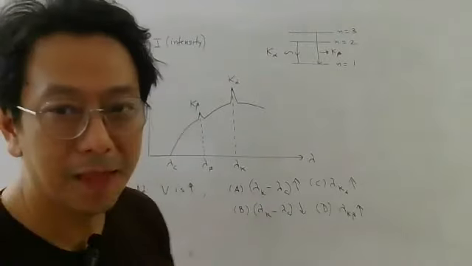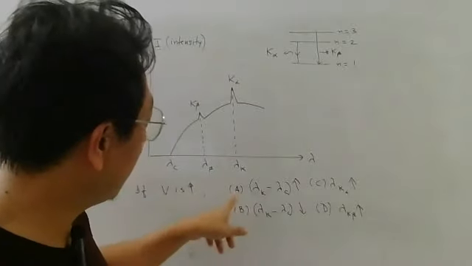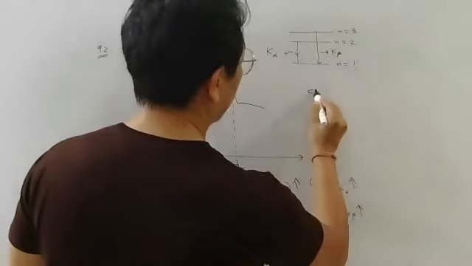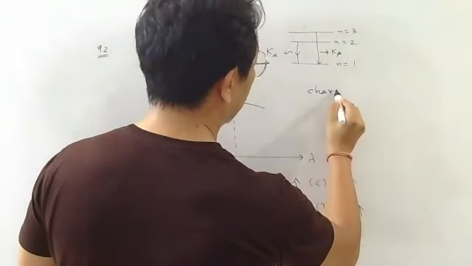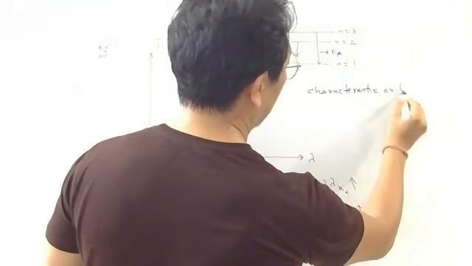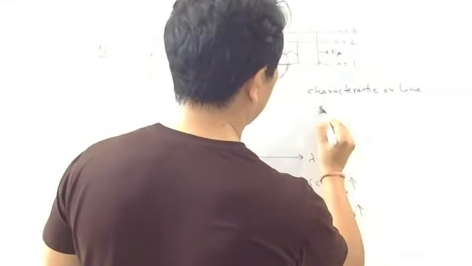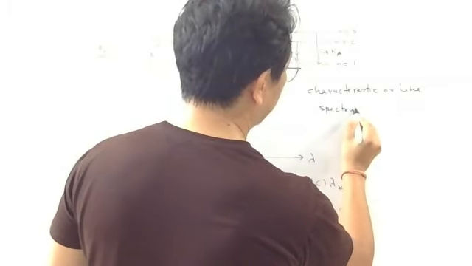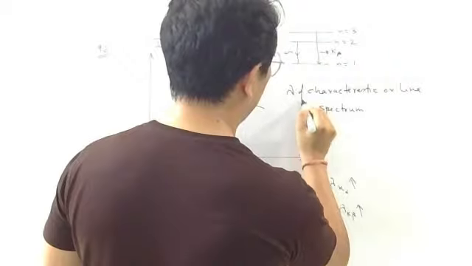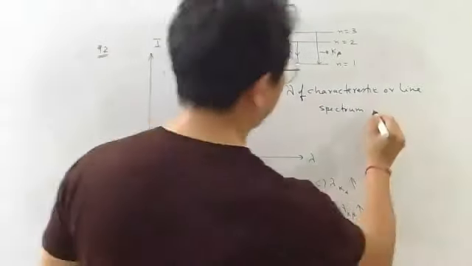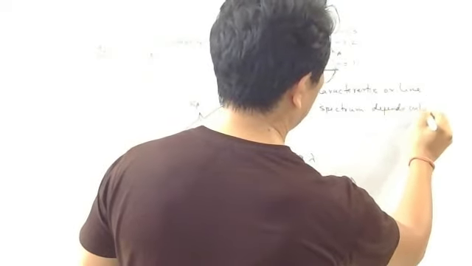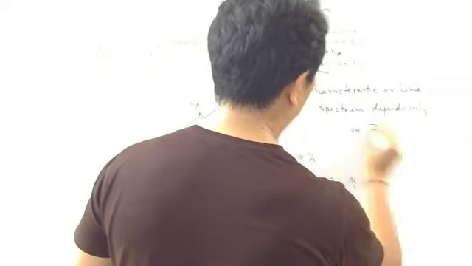Okay, look here everyone. Why option A or B should be, these two cannot be correct. I told you, the wavelengths lambda of the characteristic or line spectrum depend only on atomic number.